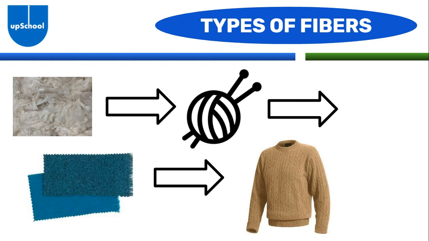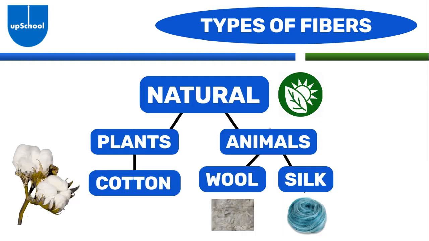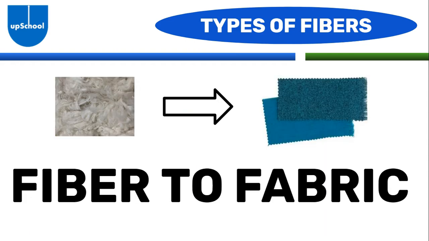So basically fiber, whether it's synthetic or not, we use this fiber to make yarn. And then you use this yarn to make fabric. And then you use this fabric to make the clothes. So we're gonna focus on natural fibers today and how we can turn wool fiber, wool is an animal fiber, into woolen fabric.